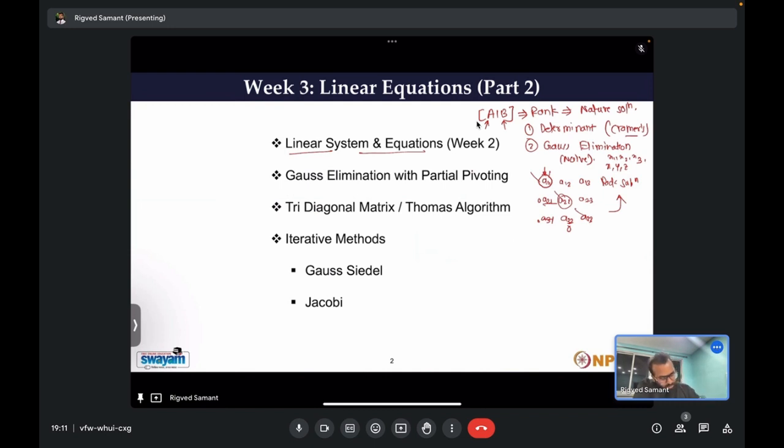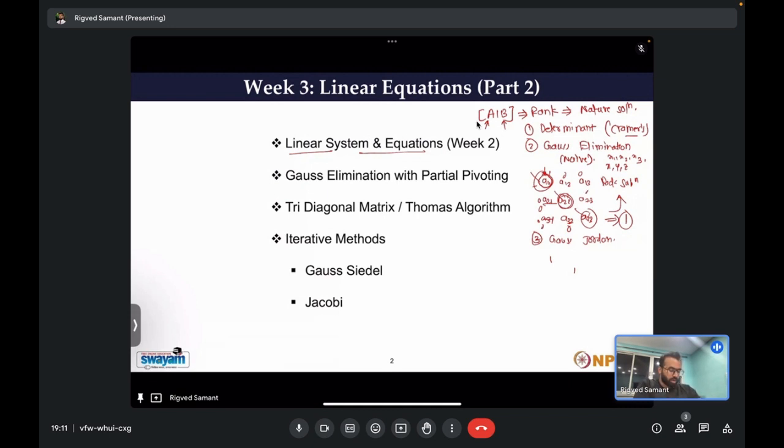Then there is another method called the Gauss-Jordan method. In the Gauss-Jordan method, we made these diagonal elements 1, 2, and 3 equal to 1, and the others 0.